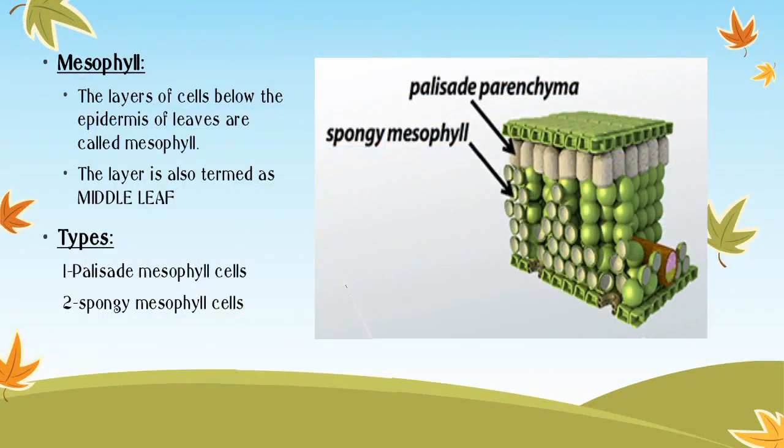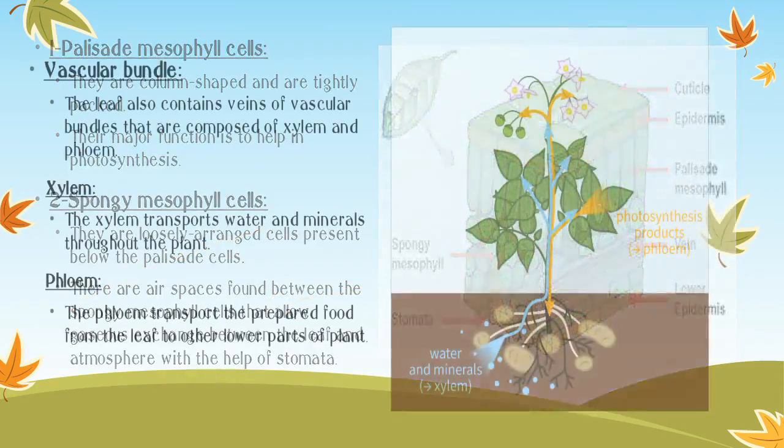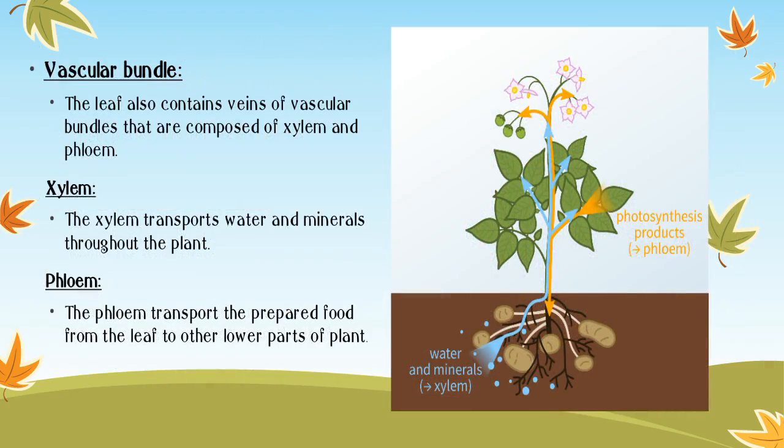Then there are the other parts of the leaf. Vascular bundles. The leaf also contains veins of vascular bundles that are composed of xylem and phloem. Leaves also have special parts, the xylem and phloem, which have very important functions.